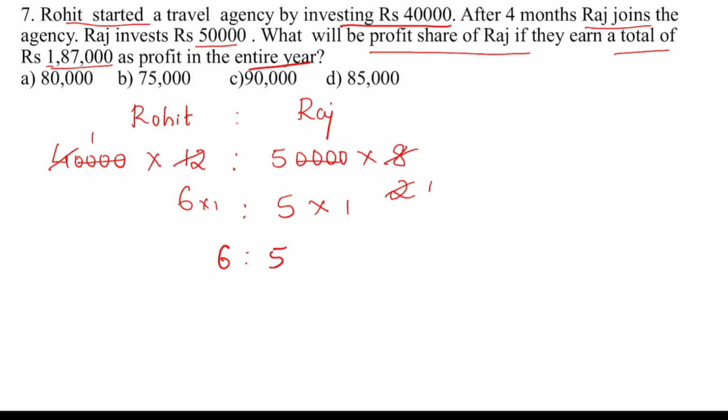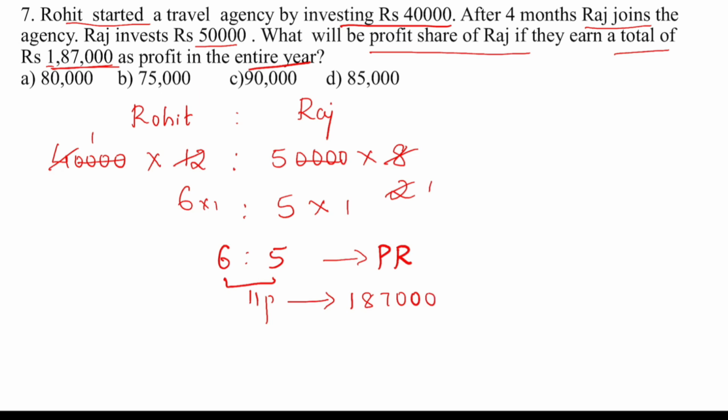Okay, so we know that the total profit is 1,87,000, isn't it? So the total in parts is how much? 11 parts in this profit ratio. So 11 parts is equal to 1,87,000.